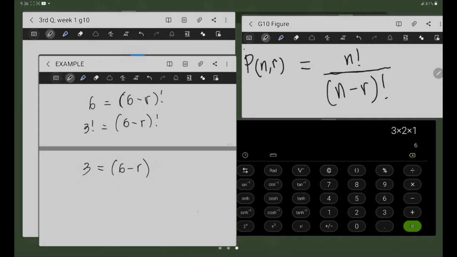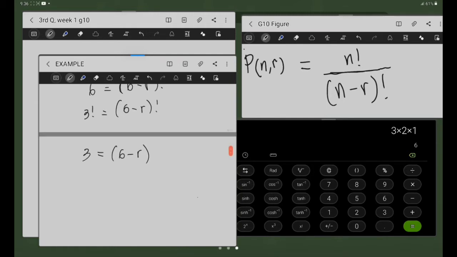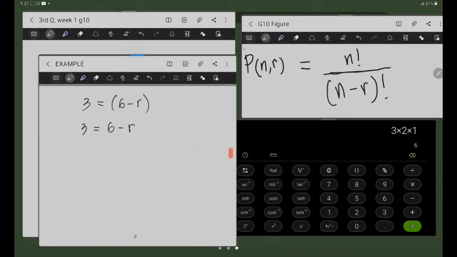Itong 6, lipat natin dito. Ito yung r muna para maging positive siya. So, this is equal to 6 minus r. Tanggalin muna natin yung parentheses. So, this is 3. Ito ilipat natin dito, maging plus r is equal to 6.